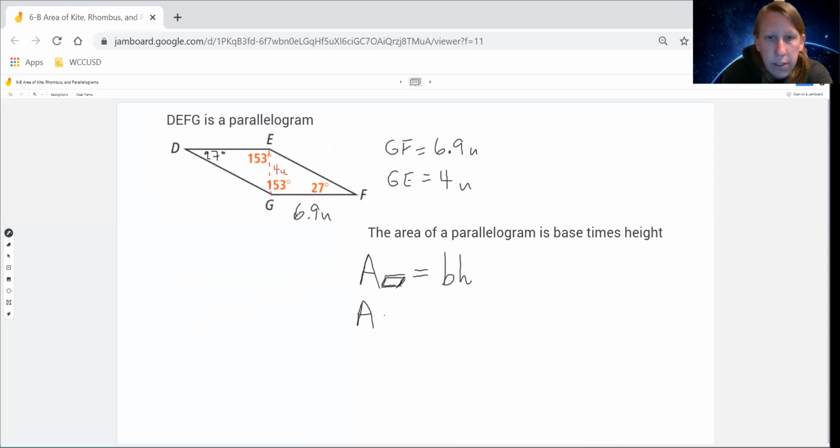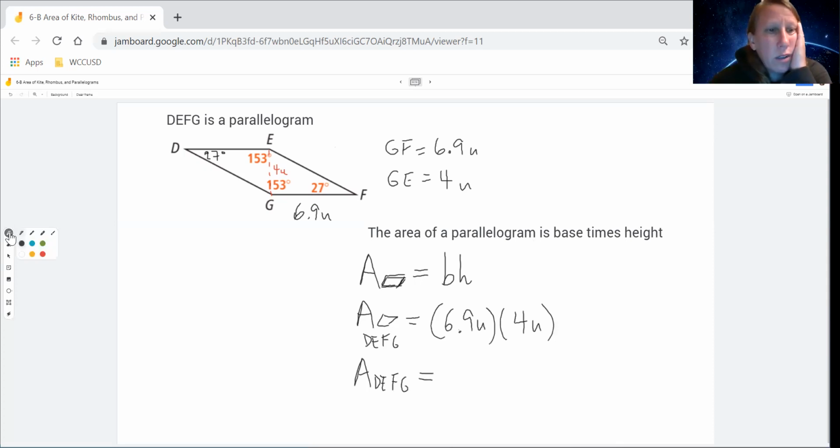So the area of this parallelogram, and I can name it parallelogram DEFG, base is 6.9 units and the height is 4 units. So the area of parallelogram DEFG is whatever that is.